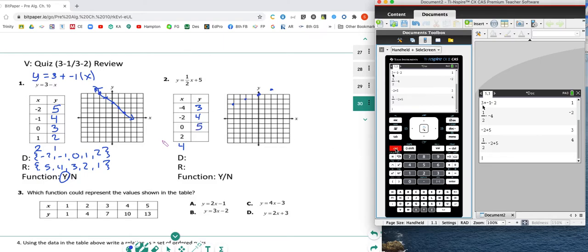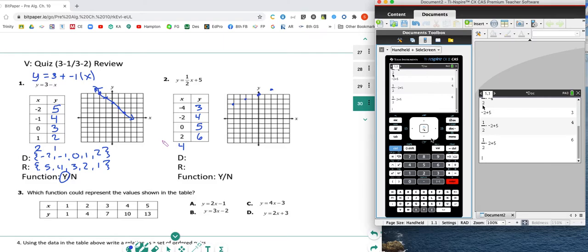And then I'm going to do control divide, 1/2, arrow out, times 2 plus 5 is going to give me 6.